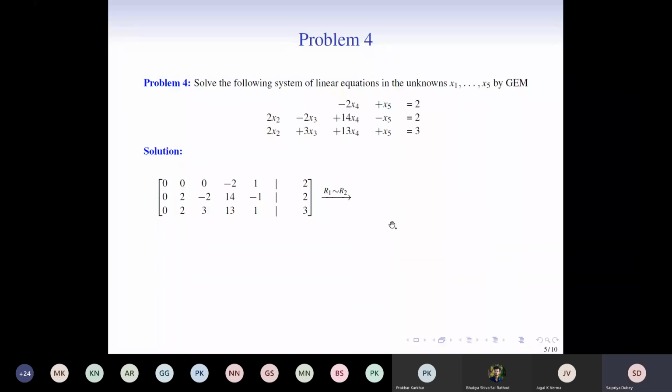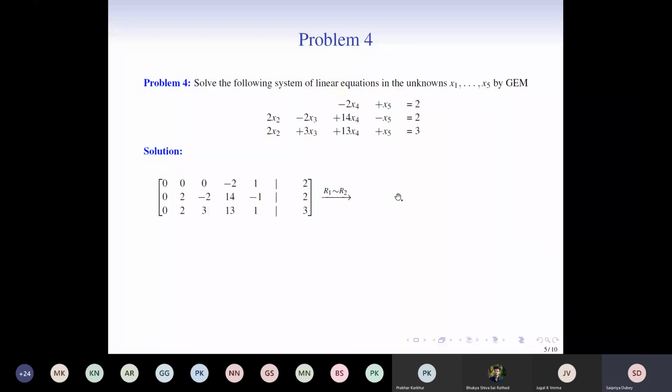I hope all of us know how this is written; many such examples were discussed in the class. This is the coefficient matrix: if you look at the coefficients of the xi's and place them in the right order, here are the coefficients of x1, x2, x3 and likewise, and this is the constant column.